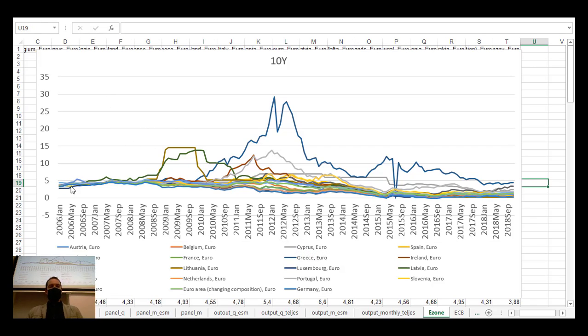So we can see that until there is a market crisis on bond markets, countries in the Eurozone usually have the same risk rating, or at least in the heads of the investors they are categorized as similar. So there are no individual stories about what is happening in a country, and usually yields are the same.